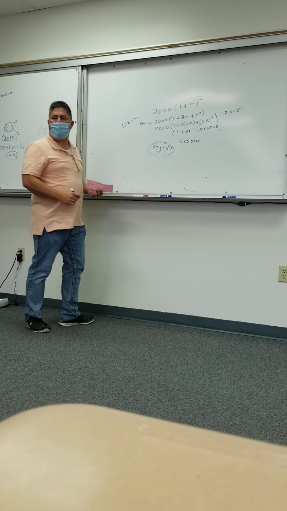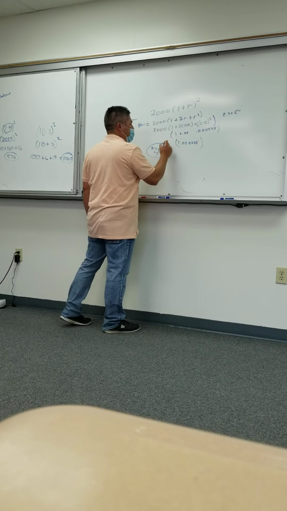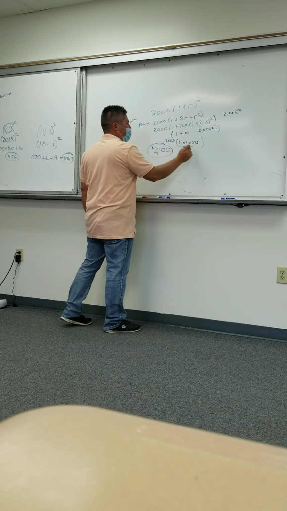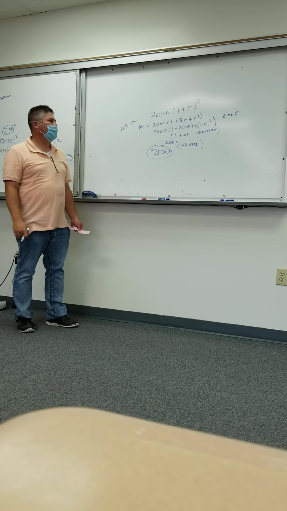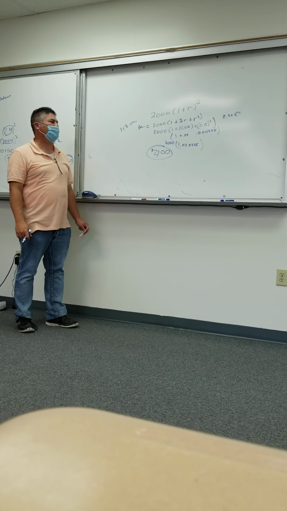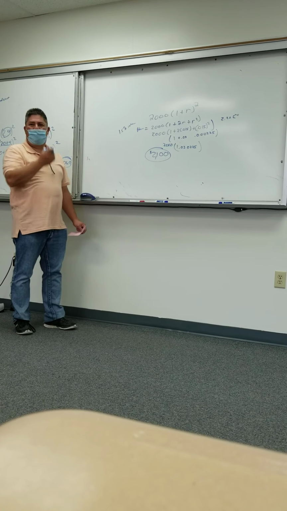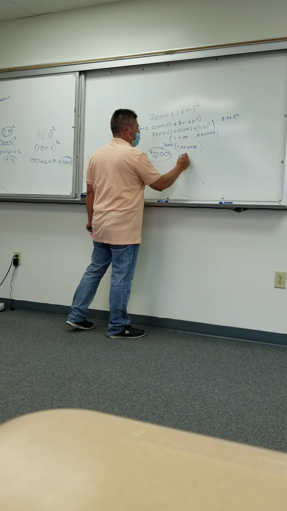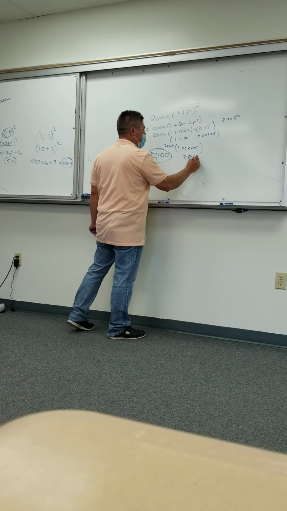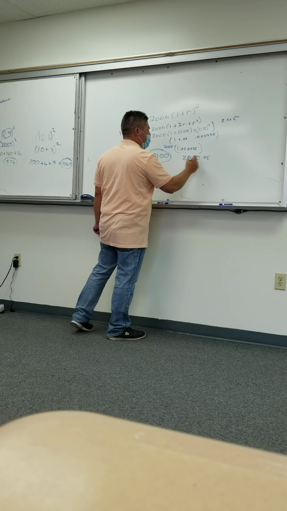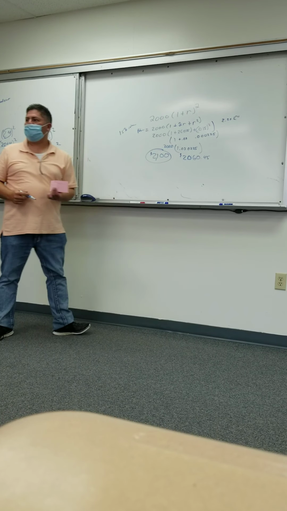Okay, and then I'm going to times this by 2,000, so do that on your calculator. 2,000 times 1.030225. What'd you get? 2,060.45. Yeah.